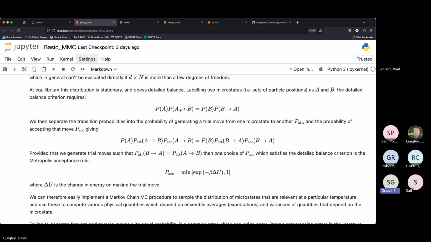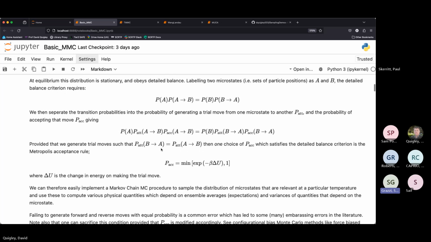And then we construct our simple Monte Carlo algorithm by breaking up this transition probability into the probability of attempting a move and the probability of accepting that move in the usual way. And the way that we enforce detailed balance is we make sure that the probability of attempting a move from A to B is the same as the probability of attempting a move from B to A. And then we just have to worry about the acceptance probabilities.